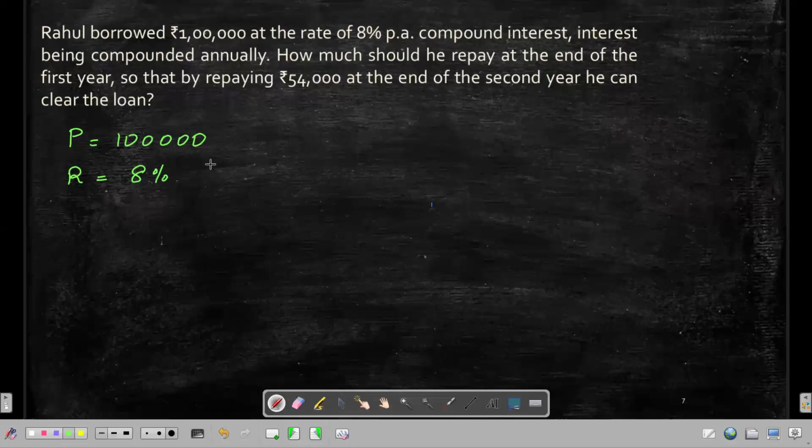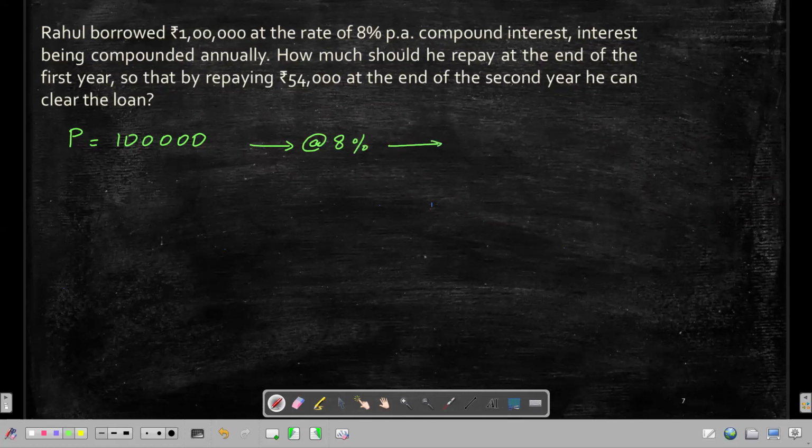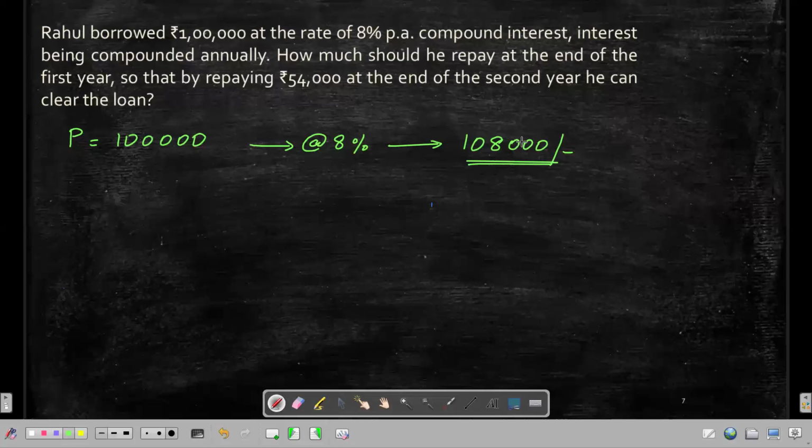At 8%, listen carefully, you can see that this debt grows by 8,000 rupees, and the outstanding amount will be 1,08,000. This is what happens at the end of the first year.